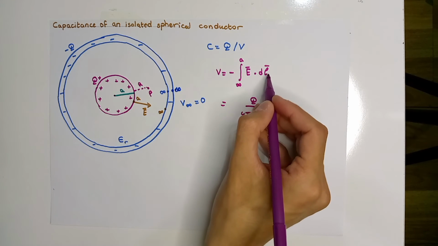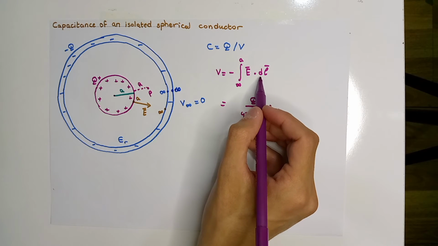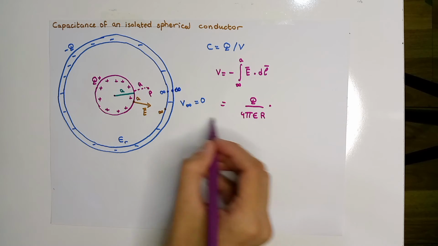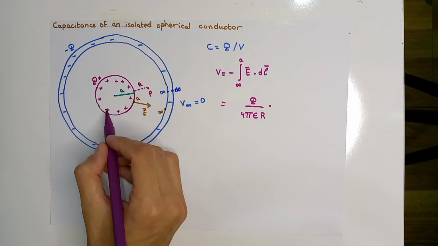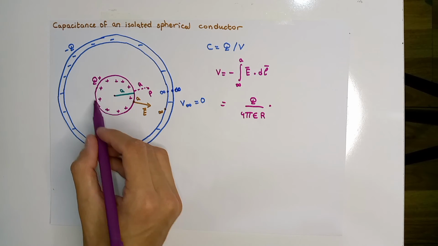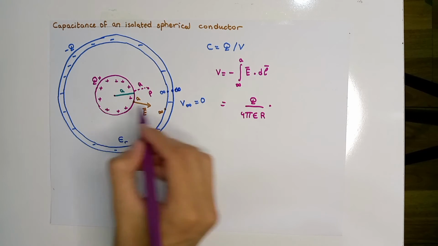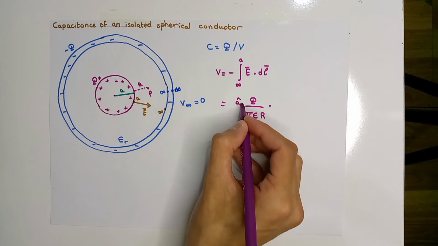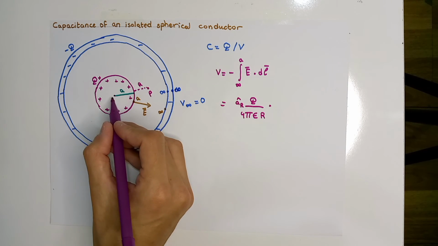This is dotted with dl, an arbitrary differential path which has components in three coordinate directions. Here I am using the spherical coordinate system because it is the most suitable in this case, as we have a spherical conductor shell and the electric field is radial, directed along the radius.